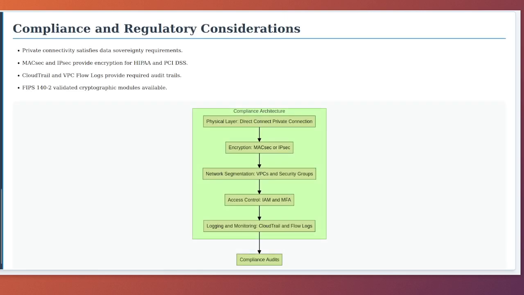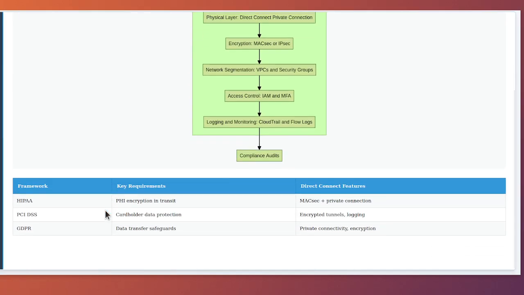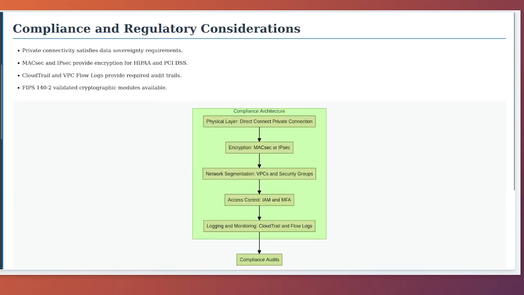Compliance and regulatory considerations. Many organizations adopt Direct Connect specifically to meet compliance and regulatory requirements. Understanding how Direct Connect fits into various compliance frameworks will help you design architectures that satisfy auditors and regulators. A key compliance driver is data residency and sovereignty requirements.